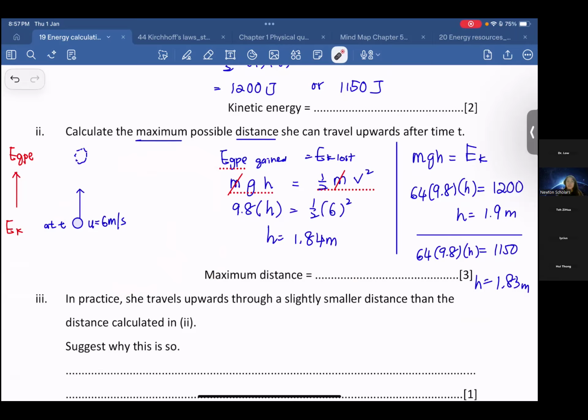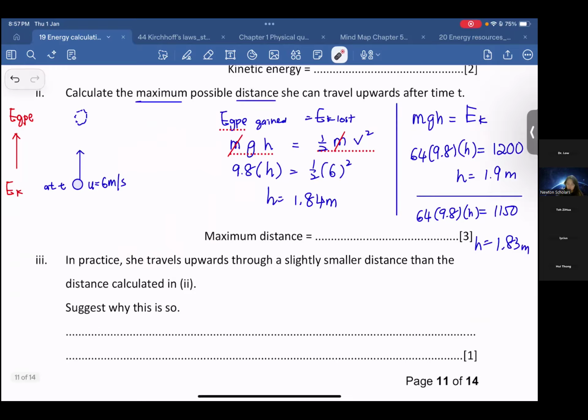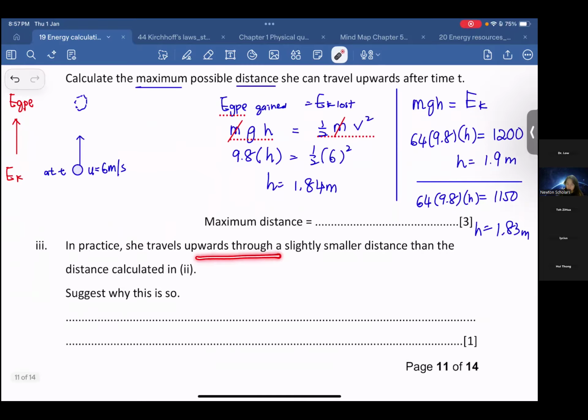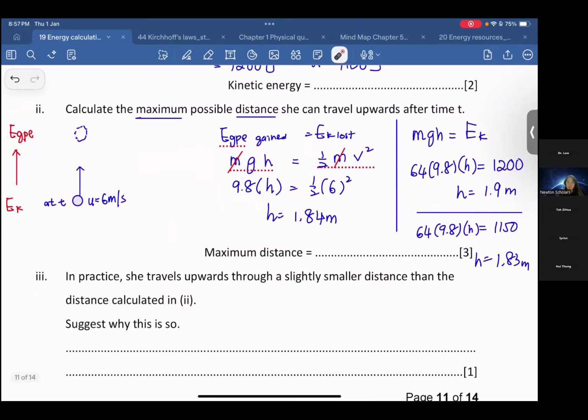No? Then now is the theory part. In practice, she travels upwards through a slightly smaller distance than the distance calculated in 2. That means I did the calculation and said that the maximum distance she travels upwards should be 1.8 meter.